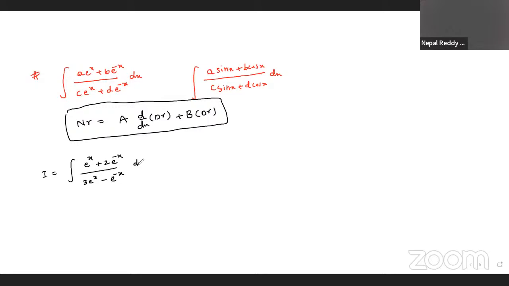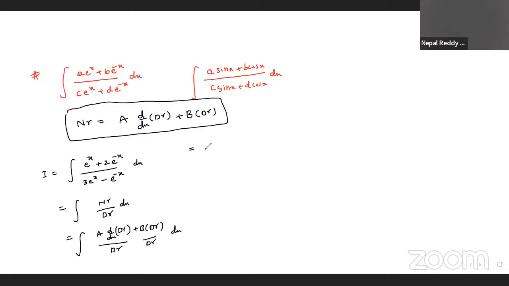Here, this is integration of numerator divided by denominator dx, and you have to consider numerator as a into d by dx of denominator plus b into denominator, whole divided by denominator into dx.